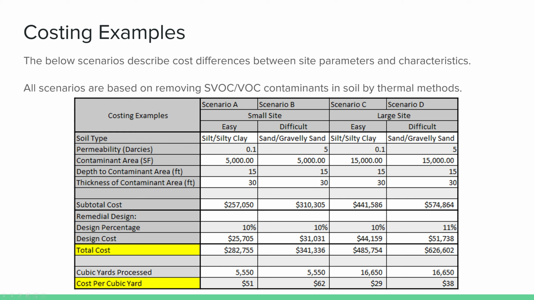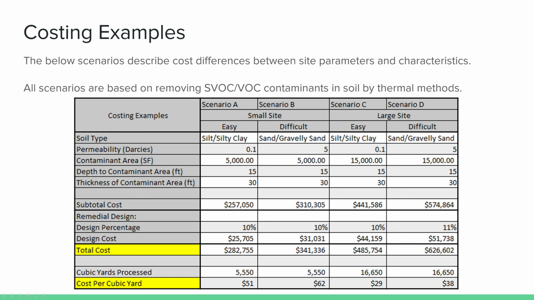This is further divided by a difficult as well as an easy remediation based on the soil type. For an easy site remediation, we have silt and silty clay that has a permeability of 0.1. And a difficult situation involves a soil type of sand and gravelly sand with a permeability of 5.